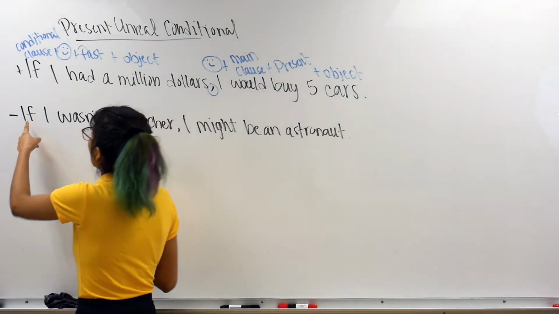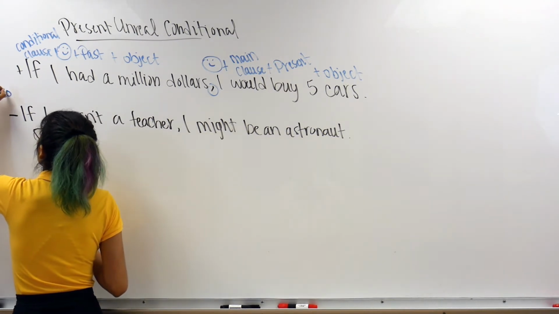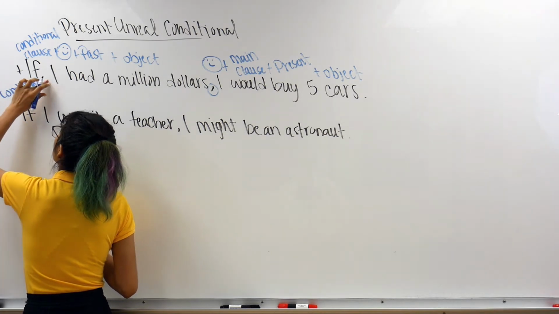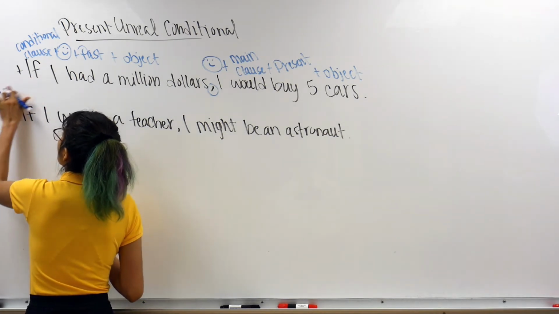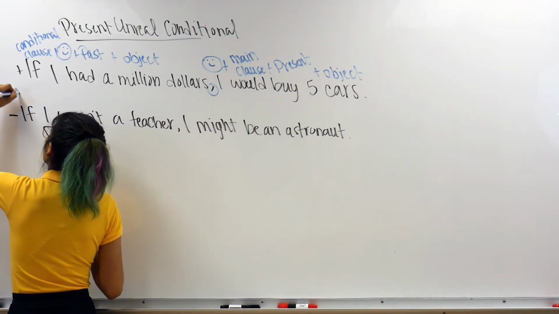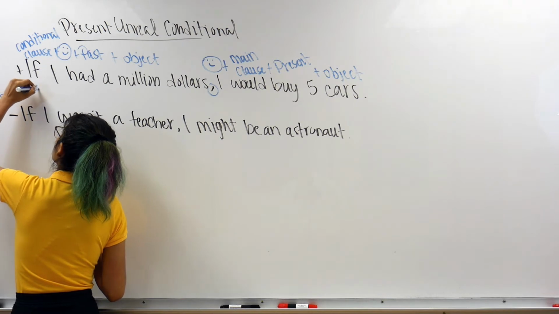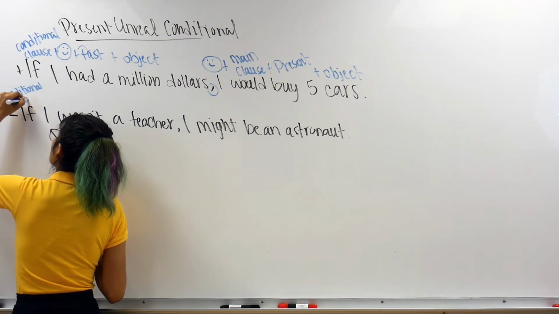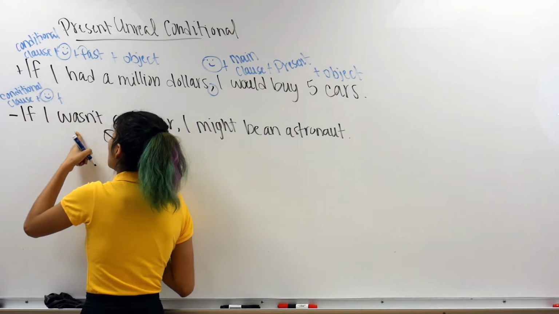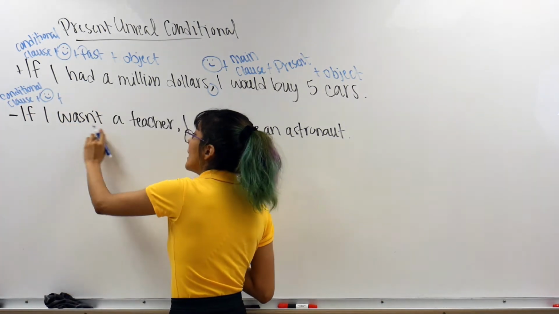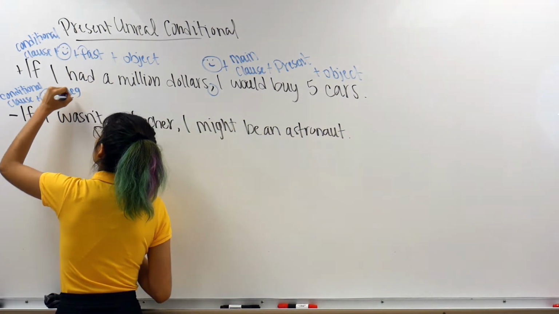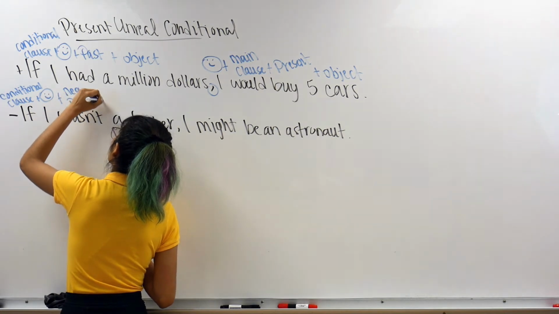So here I still have if as my conditional clause. I have I, which is my subject or my person. Wasn't, which is my negative, my negative past verb.